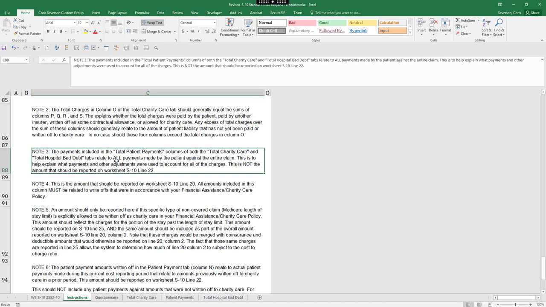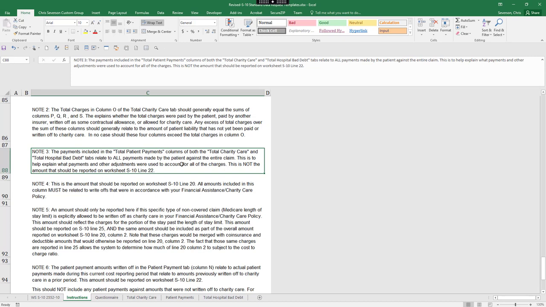2019 is where we should see this reported on line 20, because it's the period of write-off that matters, not the service date period. However, in that situation, let's say at the end of 2018, the patient may have made a certain payment. And then in 2019, they made some more payments, and finally some remaining amount was written off to charity care.